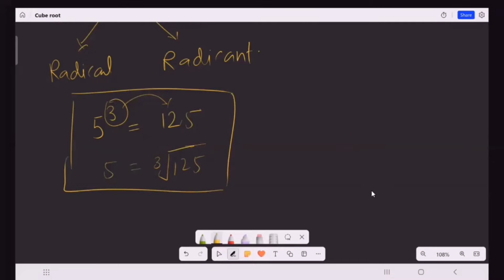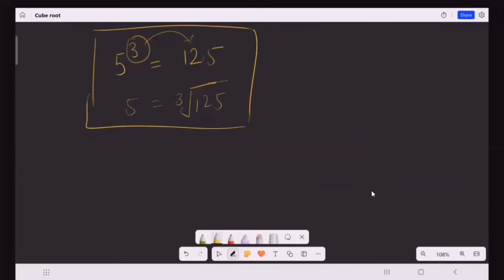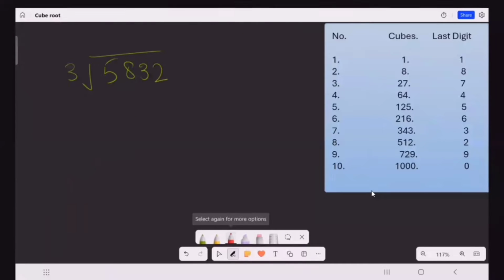It's time to move on to our topic, that is the cube root of larger numbers. For solving the cube root of 5832, we need to know two things. First, we need to learn the cubes of numbers from 1 to 10 by heart.